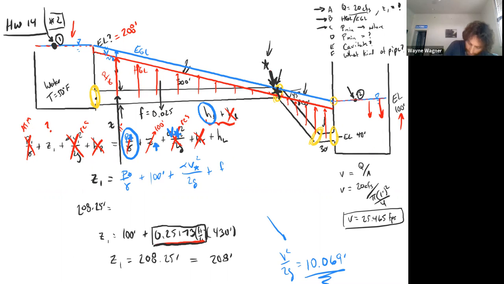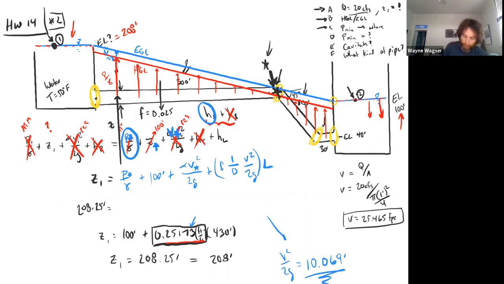Plus f L on D, V squared on 2G. Now I'm going to make that same correction I made earlier. I'm going to get rid of that L and put the L out front, same reason as last time. And also I've already solved for that other quantity right here, so that just makes things a little bit easier.